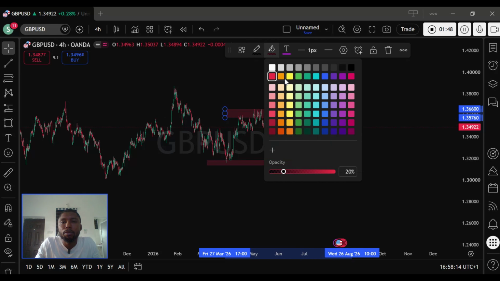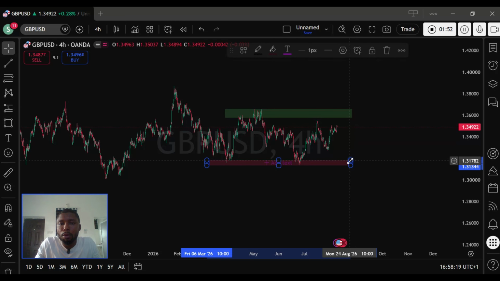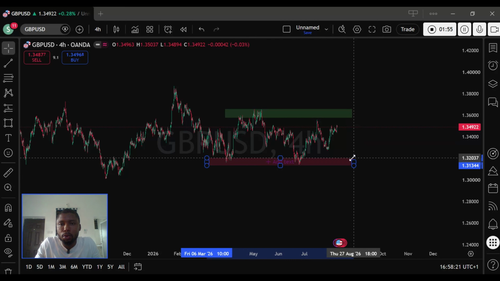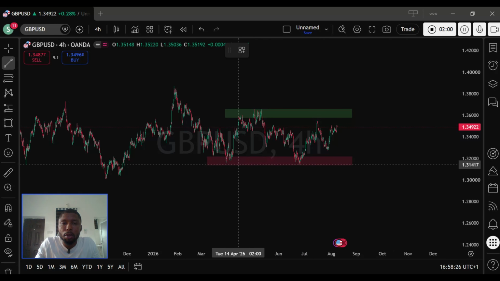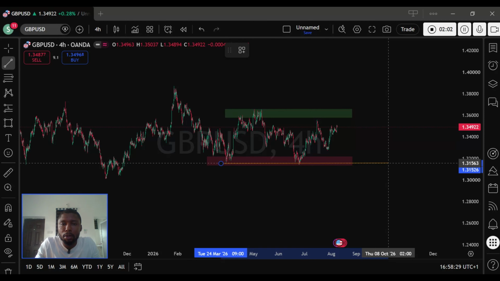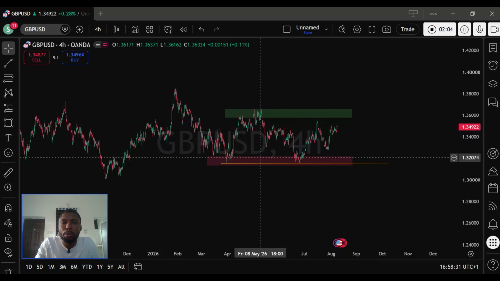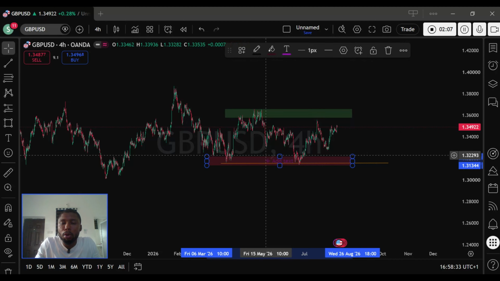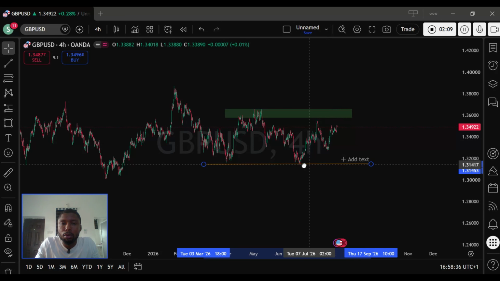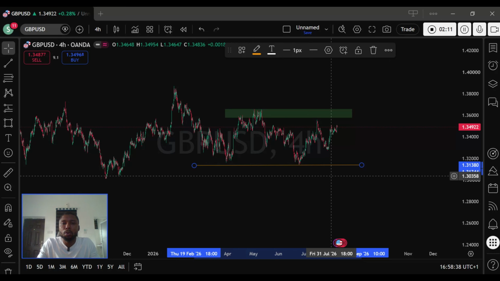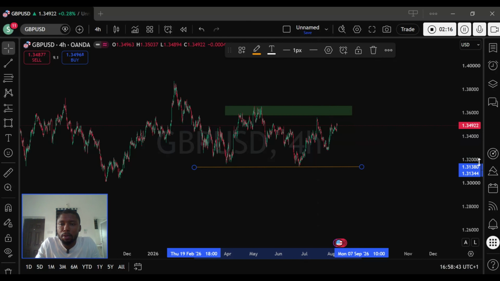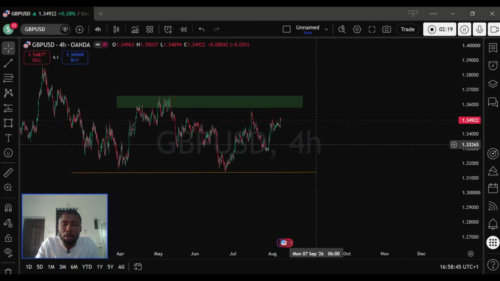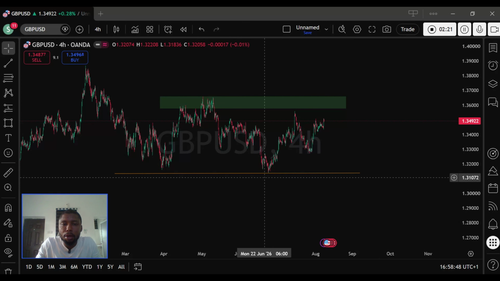Now, mind you, support and resistance levels are zones. Most people like to use a line. They can just use a line and say, oh, this is my support. However, support and resistance levels are not a line. It's a zone. It's an area. So when you're plotting your support and resistance, you don't have to be too tacky. You have to understand that it's an area.